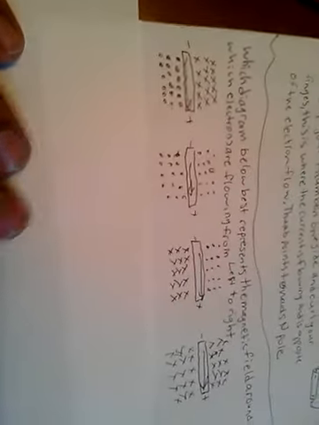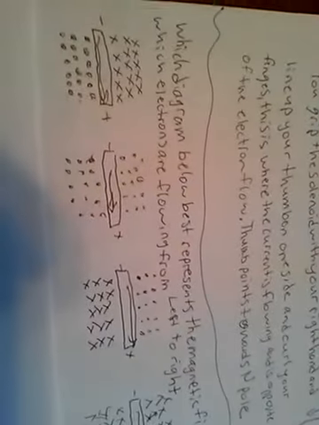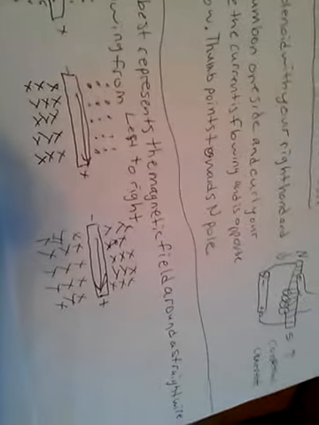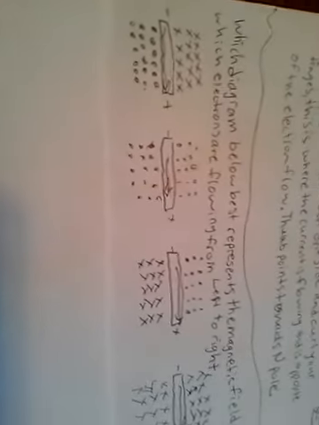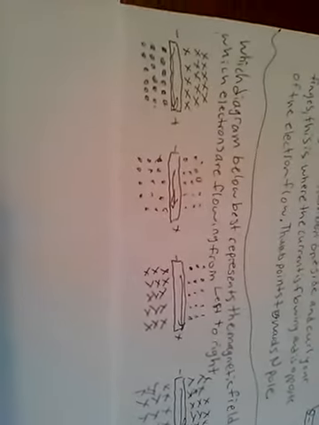Okay, so this is an example of where you would use this in a question. It says, which diagram below best represents the magnetic field around a straight wire in which electrons are flowing from left to right? So you can automatically get rid of two of them, this one right here, and this one right here.